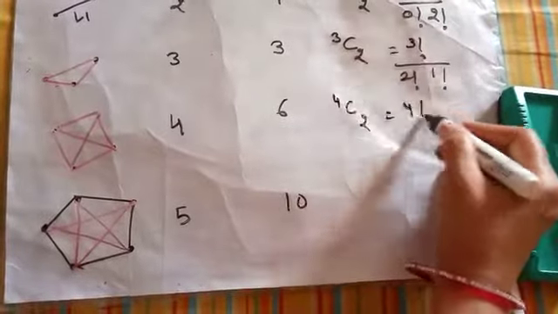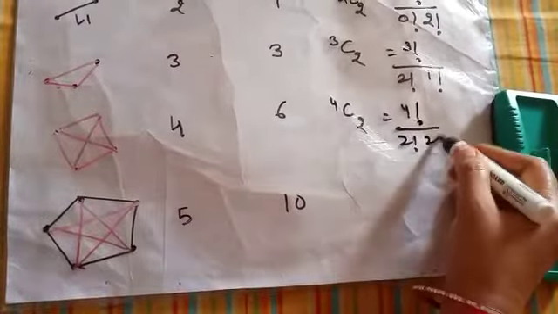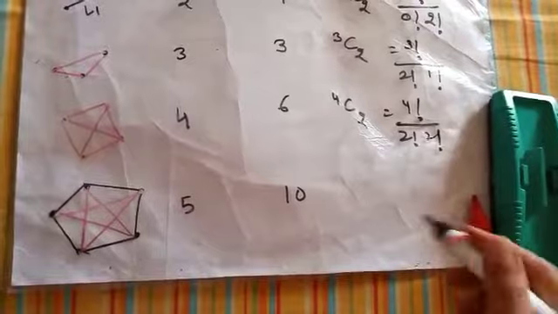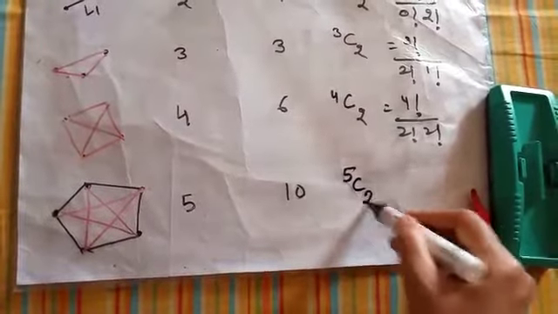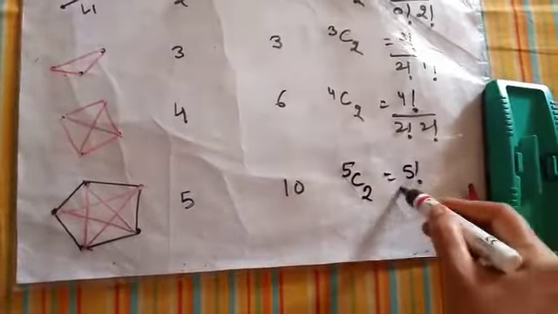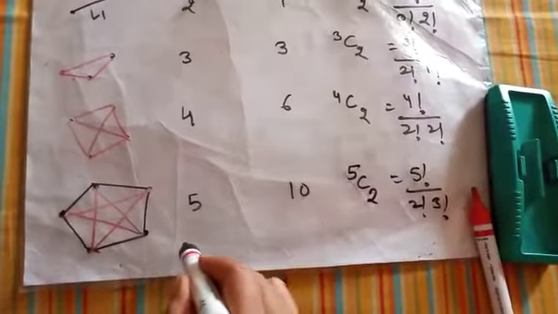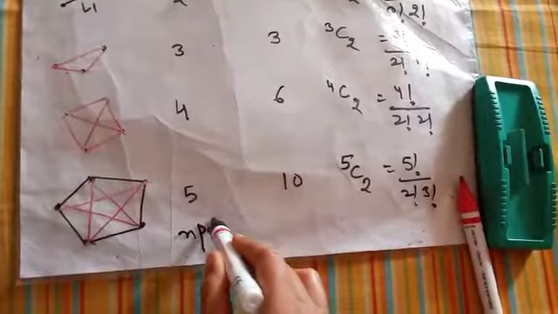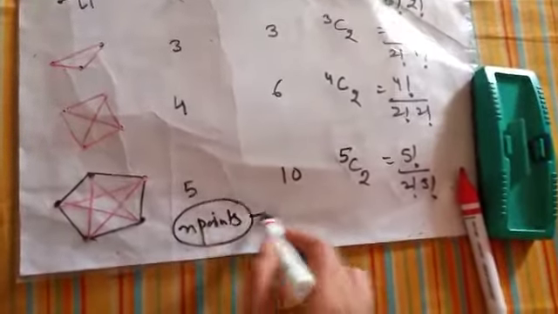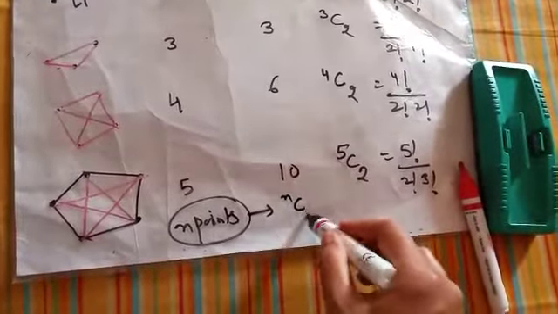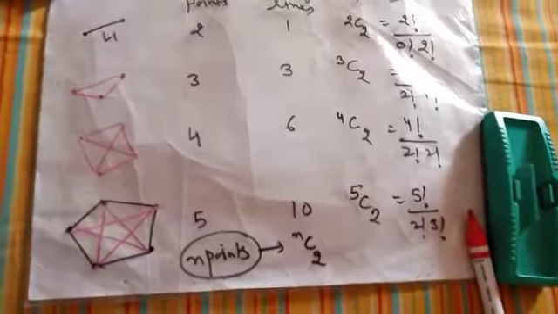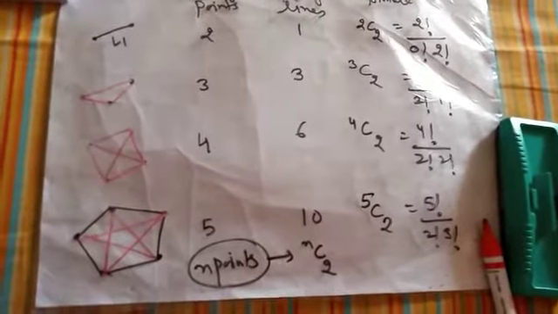So it is 4 factorial by 2 factorial into 2 factorial. Similarly 5C2 is 5 factorial upon 2 factorial into 3 factorial. So suppose you have n points, then how many lines can we form with these n points? That will be nC2.